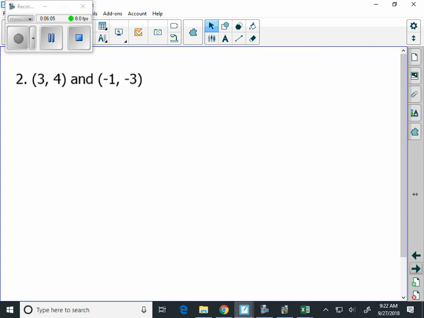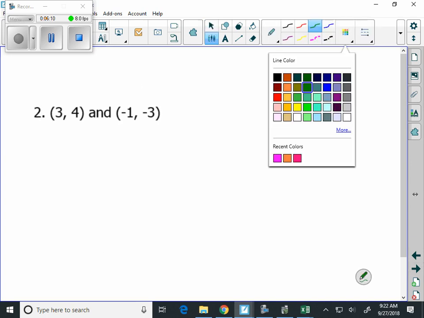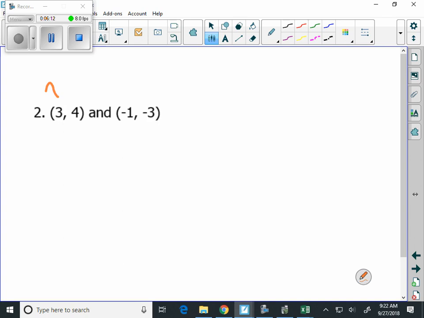Same idea. Problem number 2. If we label these, here's x1 and here's y1, x2 and y2, and we put it back in the formula. But the formula is something that you need to sit down and conceivably memorize if you don't have it memorized already.